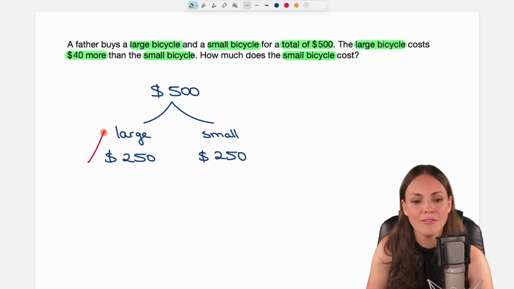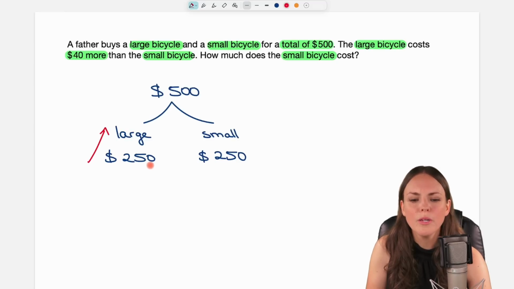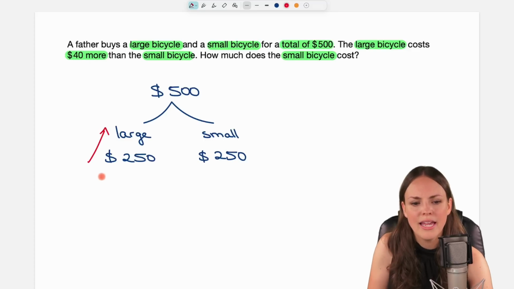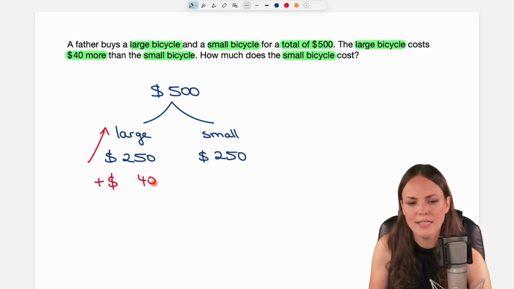So we have to raise the price of the large bicycle. But would it be okay if we just take the $40 now and add them to this price here? Let's see what happens.